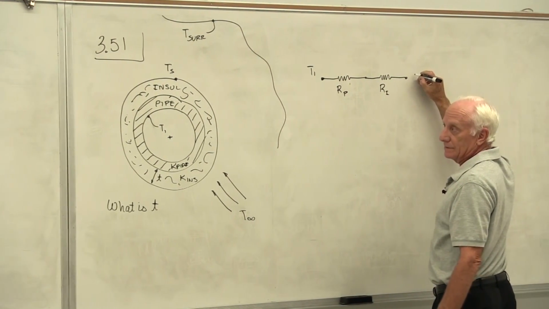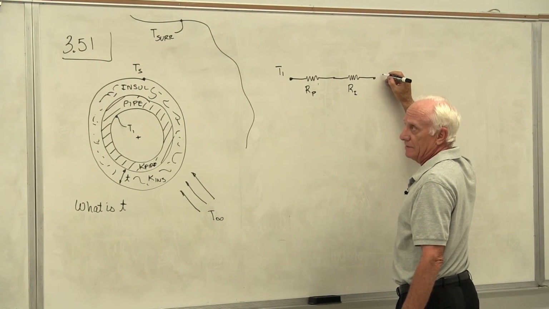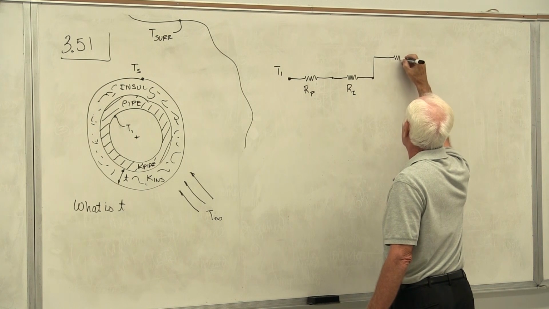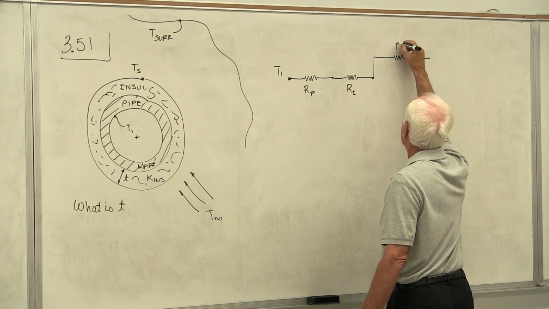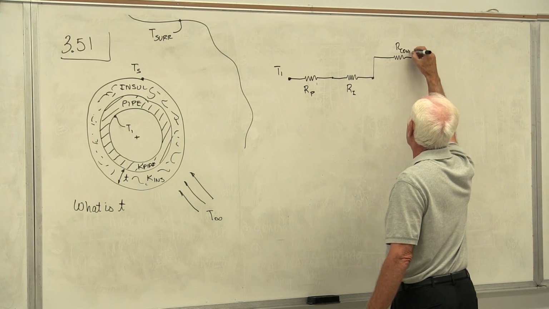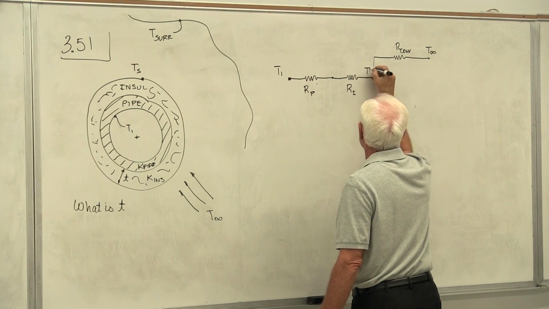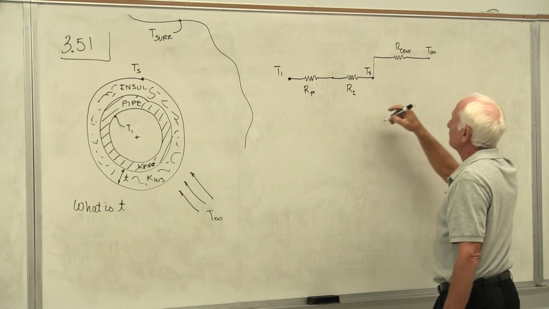And then some of the heat leaves the outside of the insulation by convection, going out to T infinity. By the way, this is T surface, that's T1.